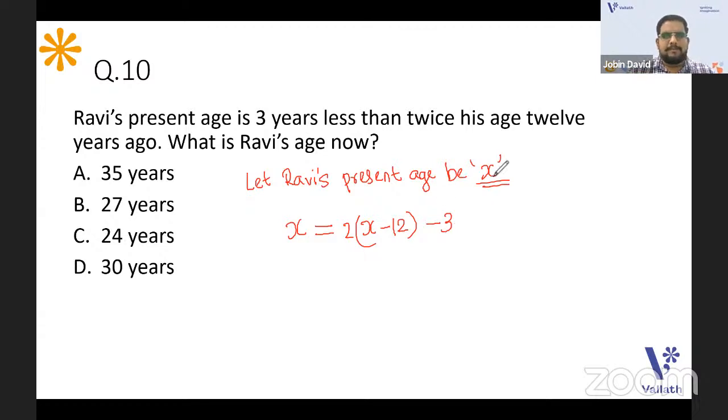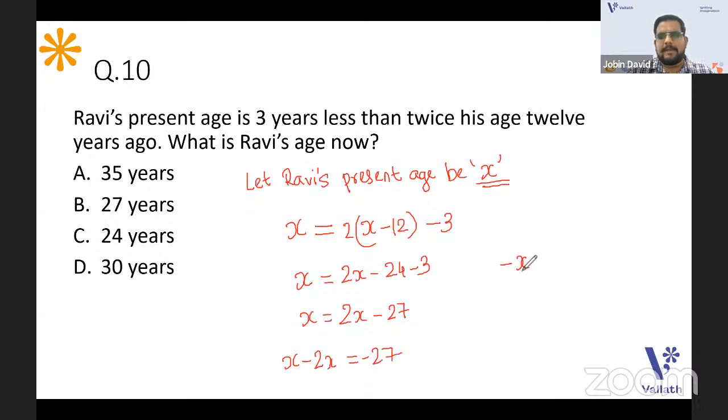So 12 years ago, the age will be X minus 12. Basically what we have is X is equal to 2X minus 24 minus 3. X is equal to 2X minus 27. Minus 24 minus 3, you should add this. Then taking 2X to the left side, X minus 2X is equal to minus 27. Minus X will be equal to minus 27. You should be very familiar with the addition and subtraction of integers.